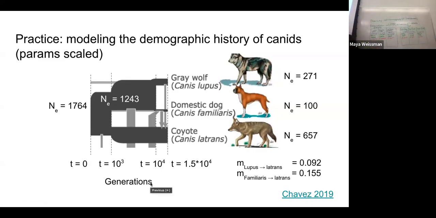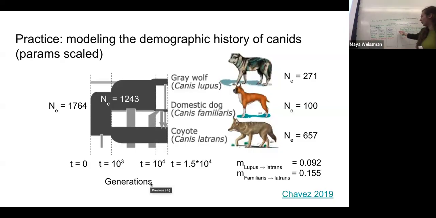Using heterozygosity, among all of your simulations, dogs have the lowest diversity. Why might that be? They've also gone through very recent bottlenecks. And which population has the highest diversity?